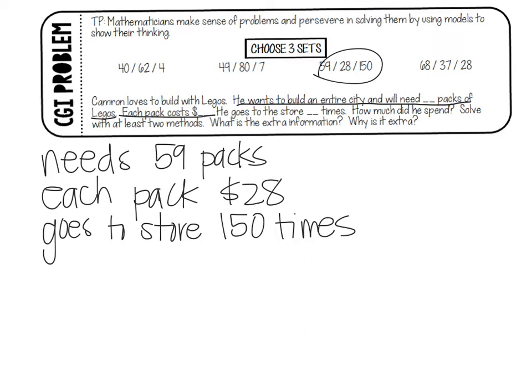Okay, so what is it asking me to solve? It's asking me to solve how much he had to spend. So what information, I wrote down all the information. What information do I need to figure out how much he spent? I know one way.